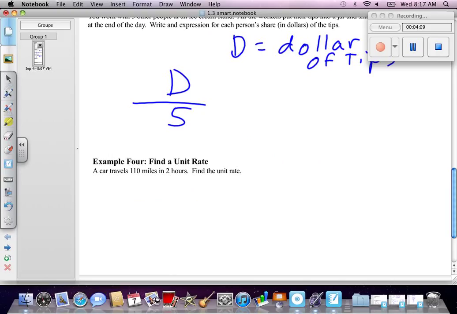We've got 110 miles. 2 goes into 110 how many times? 2 goes into 11 5 times with 1 left over. Bring it down. 2 goes into 10. So we know in 1 hour we have traveled 55 miles.